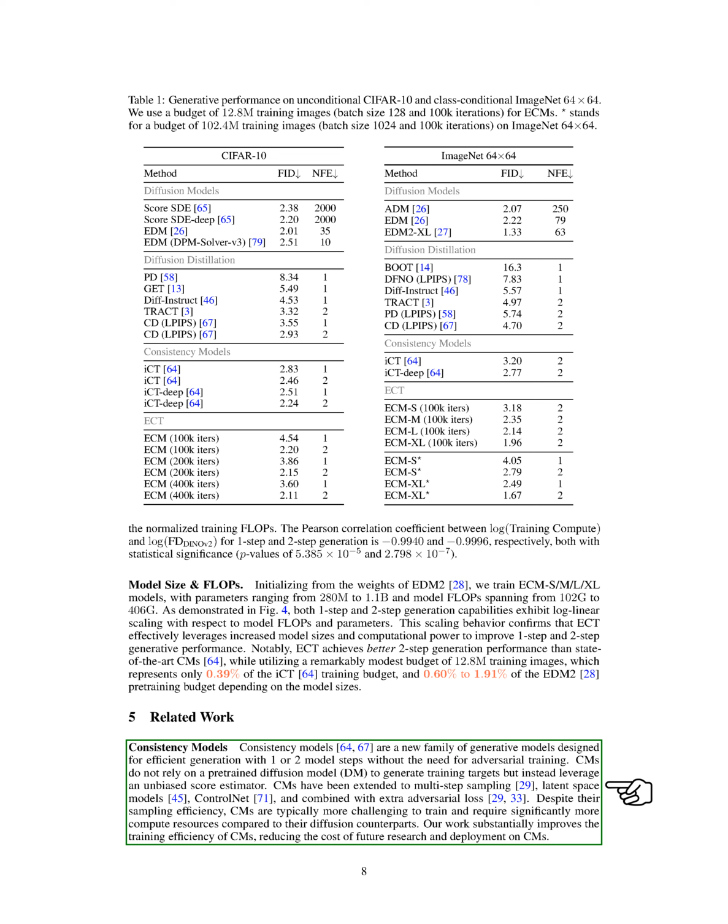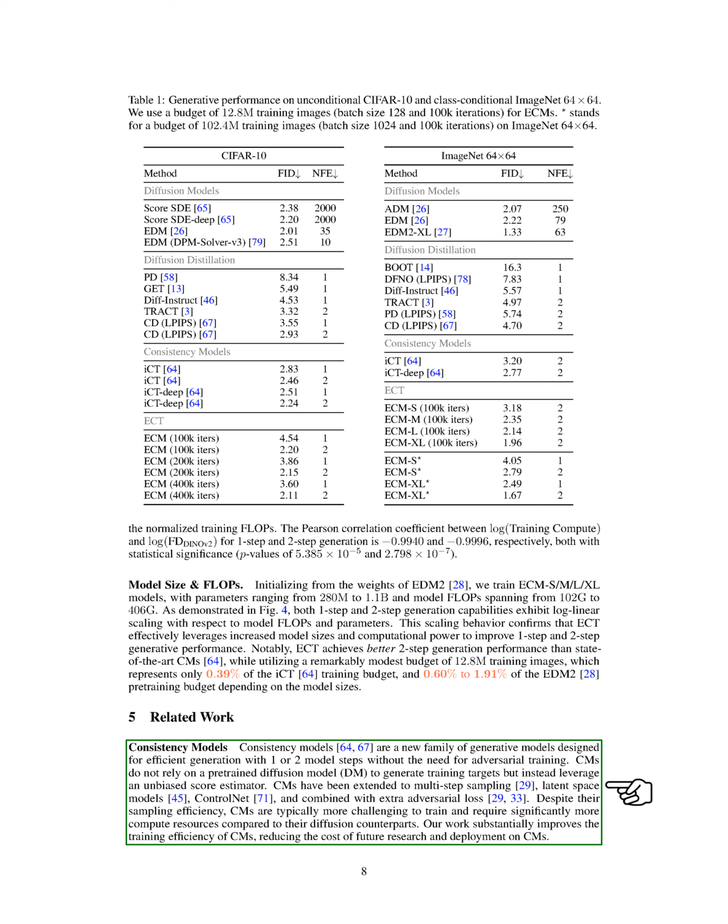While CMs have been expanded to include multi-step sampling, latent space models, ControlNet, and additional adversarial loss, they are generally more challenging to train and demand more computational resources compared to diffusion models. Our research focuses on enhancing the training efficiency of CMs, which will lower the cost of future research and deployment involving CMs.